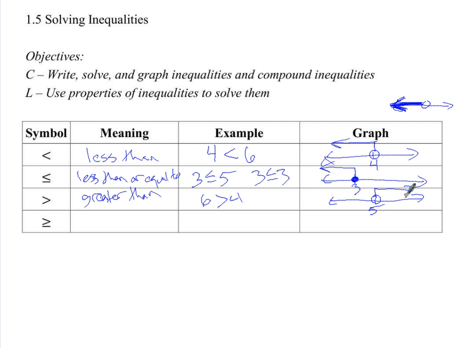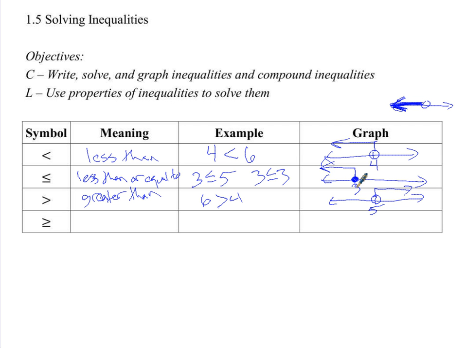Up to the right. The only time you use a closed dot is when it has the line under it. That's right. If it says or equal to, you're going to use a closed dot. If it doesn't say that, then you're going to use an open dot. And all we're saying is you can be exactly 3 here, but here you can't be exactly 4. That's our notation for can't be exactly that, but we can be exactly that.